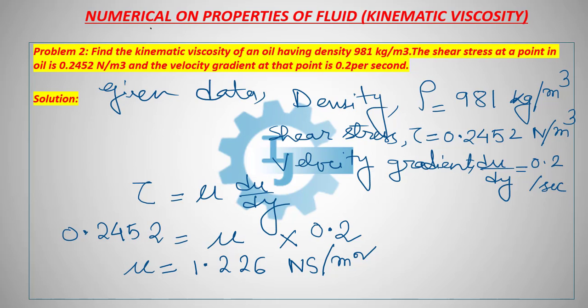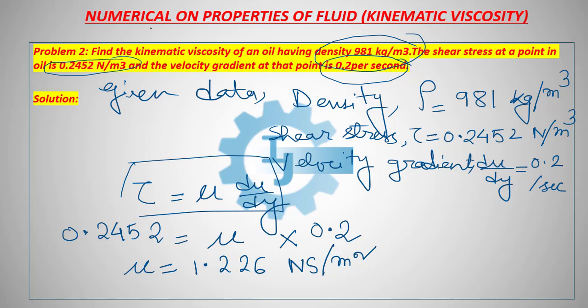So here we got the density is 981 kg per meter cube. Shear stress tau is 0.2452 Newton per meter cube. Velocity gradient du by dy is 0.2 per second. So we know there is a formula tau equals mu into du by dy, which is also known as Newton's law of viscosity.